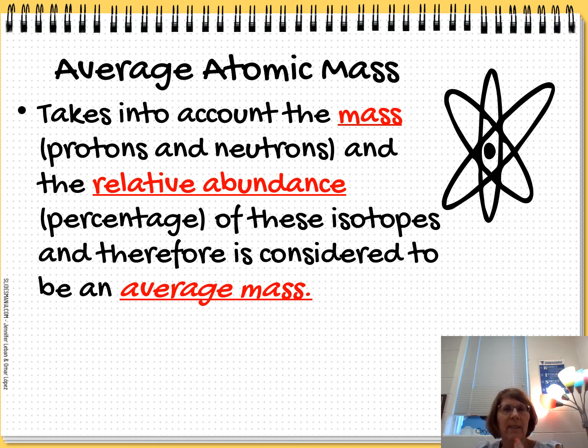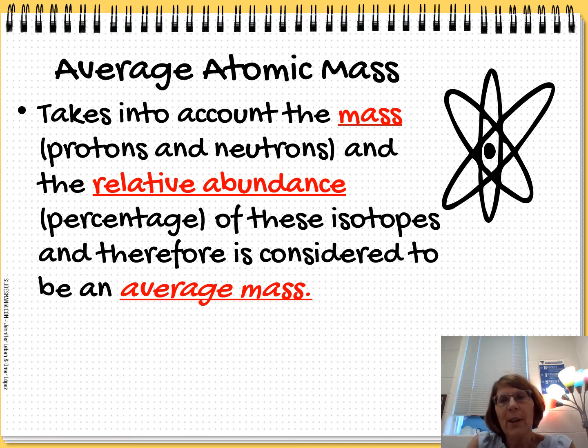So we're going to do something similar with the elements, isotopes. So when you talk about average atomic mass, you're talking about the mass of protons and neutrons, but then you're talking about the relative abundance, which is the percentage of how many times it happens. We're going to use that to figure out our average mass.